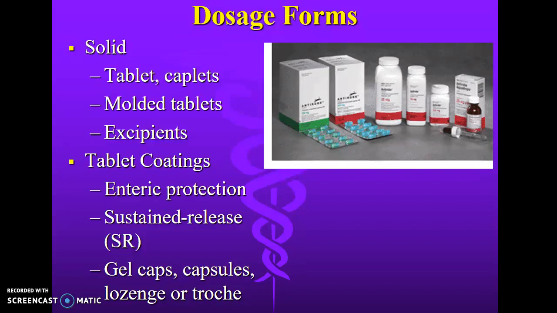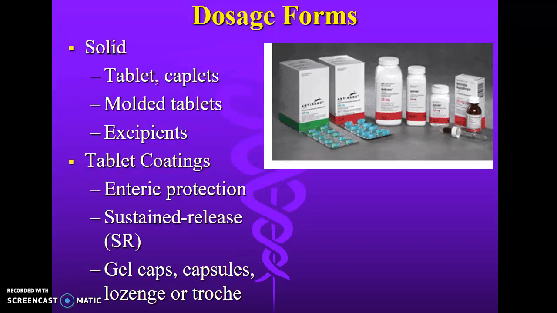They just allow the solid to be formed into a large enough thing to handle and to keep stable in order to give it to the animal. Some tablets have coatings, and an enteric coating protects the drug from the tablet from being dissolved in stomach acid and allows it to get into the intestinal tract where most drugs are absorbed.